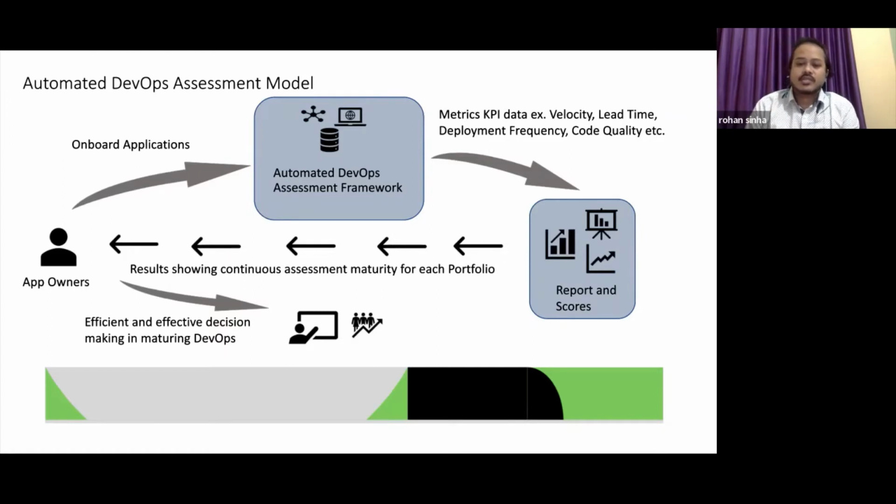The arrows going towards the app owner represent that the app owner is going to see his report and scores, showing a continuous assessment of maturity for each portfolio, meaning he is able to see in a timely way how his application is improving in this DevOps journey. By looking into these KPIs, you would be able to make efficient and effective decisions in maturing DevOps. So this is a simplistic representation of the model.